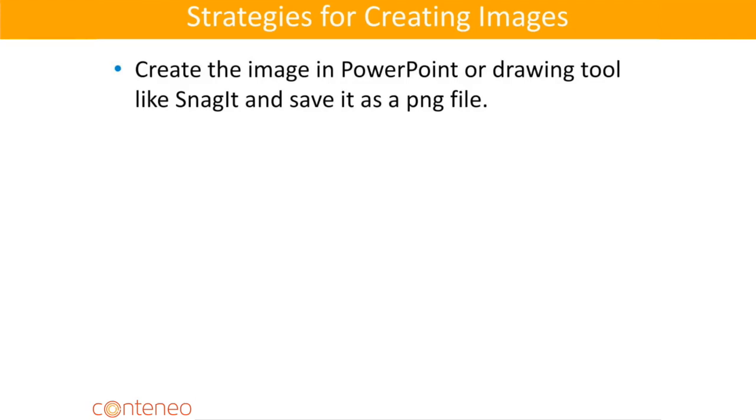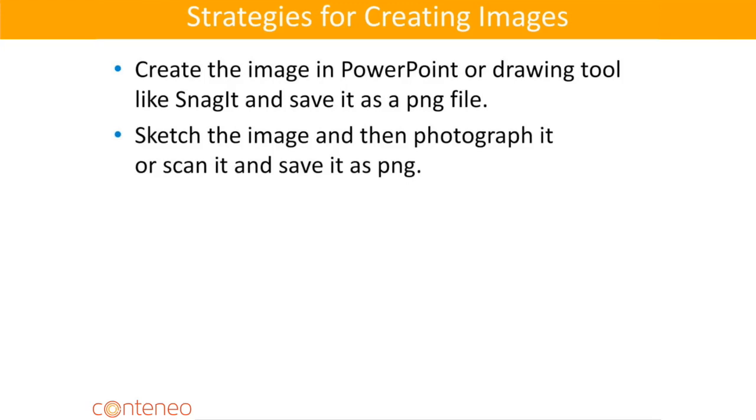I use PowerPoint. When I want to have a little bit more sophistication or a bigger drawing surface, I use Snagit. Now, the next approach is to sketch your image on a piece of paper and then photograph it or scan it, and again, save it as a PNG. As you can tell, Weave wants you to upload images in PNG format.